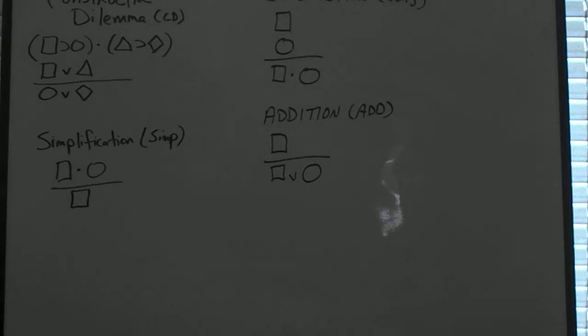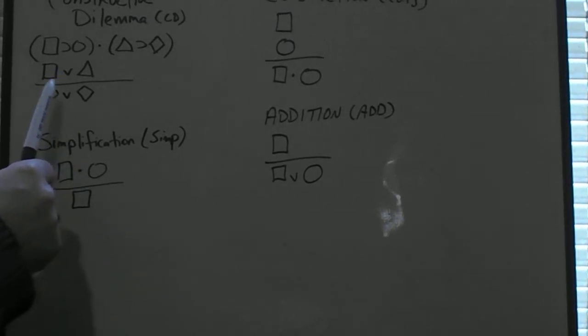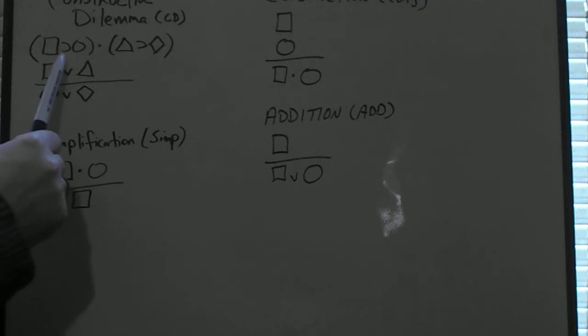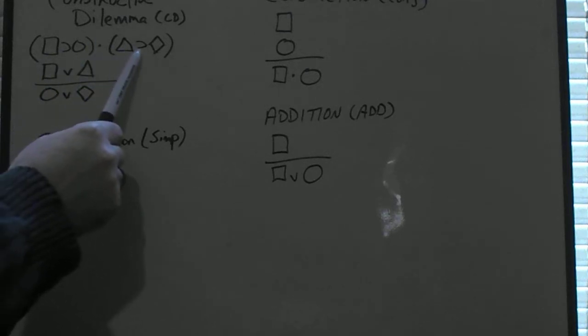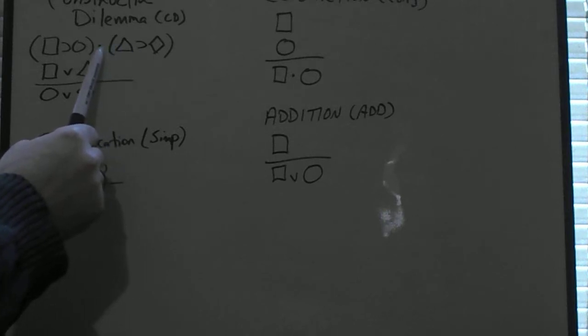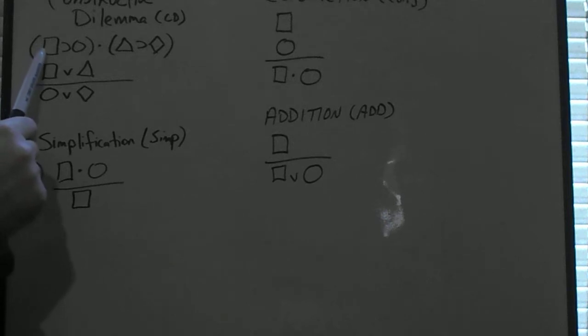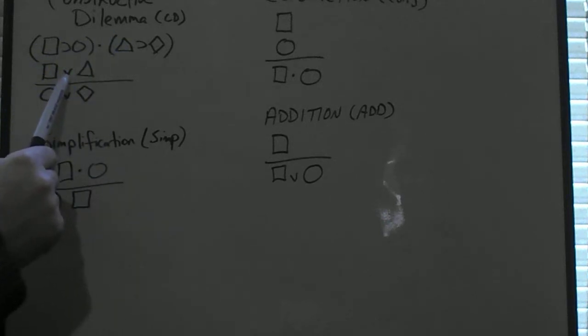Now, constructive dilemma you're already familiar with from chapter 6, but just as a reminder here again, we have the basic idea of a constructive dilemma that there are two conditional statements joined together by a dot. That's your first premise. Your second premise, the two antecedents joined together by a wedge.